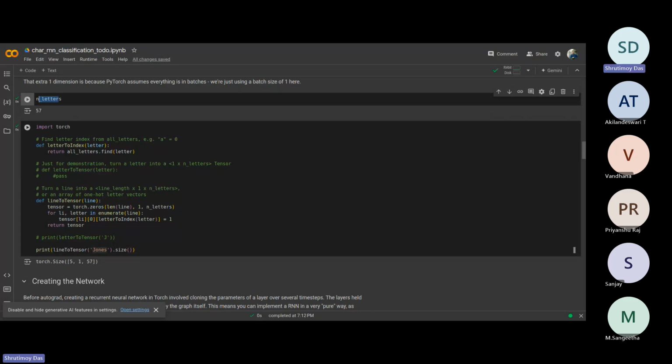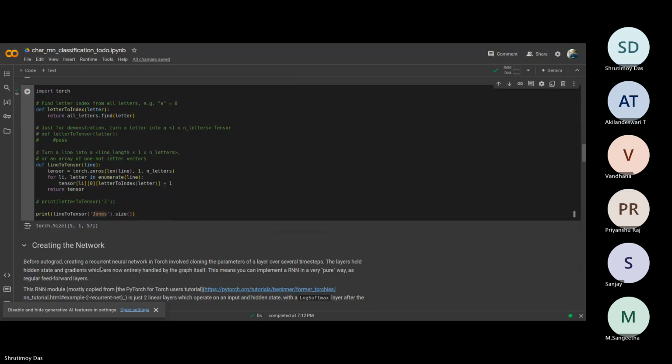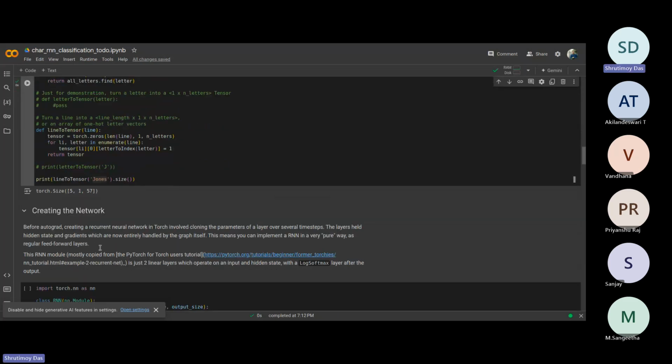Because there are 5 letters, for each letter there is a 57 length vector. That is why we have 5 ones for 57. This one just says your vector dimension is 1, and each one is of length 57. Is this clear, how you are getting this 5 by 1 by 57? Are there any doubts?